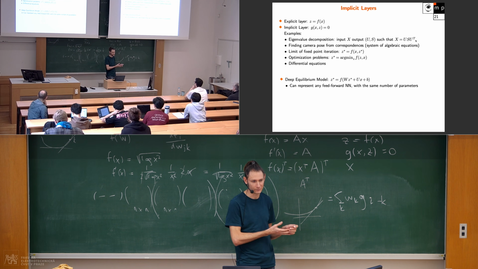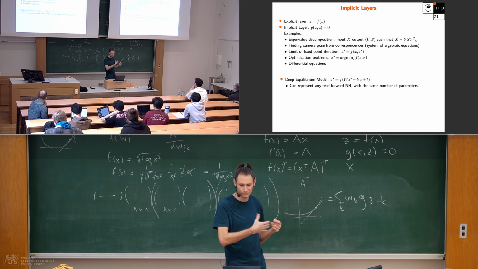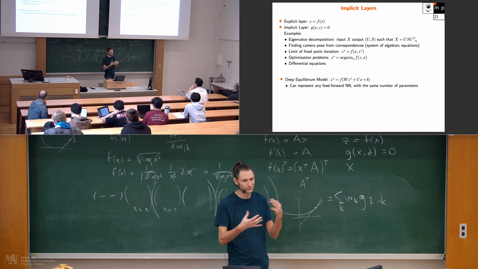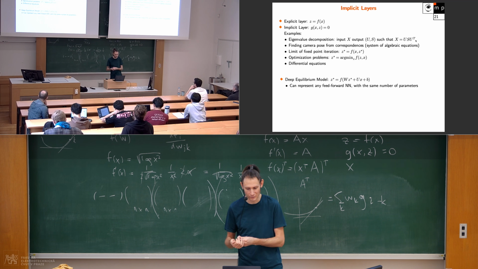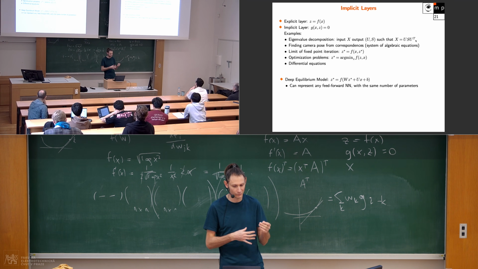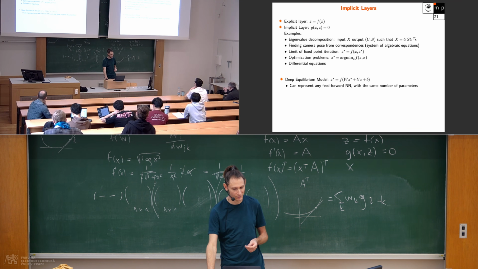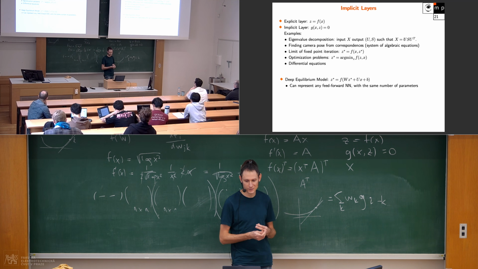But how to find them? It is not a feed-forward computation. It is some numerical procedure with many iterations to find eigenvalues and eigenvectors. So it is represented by an algorithm.